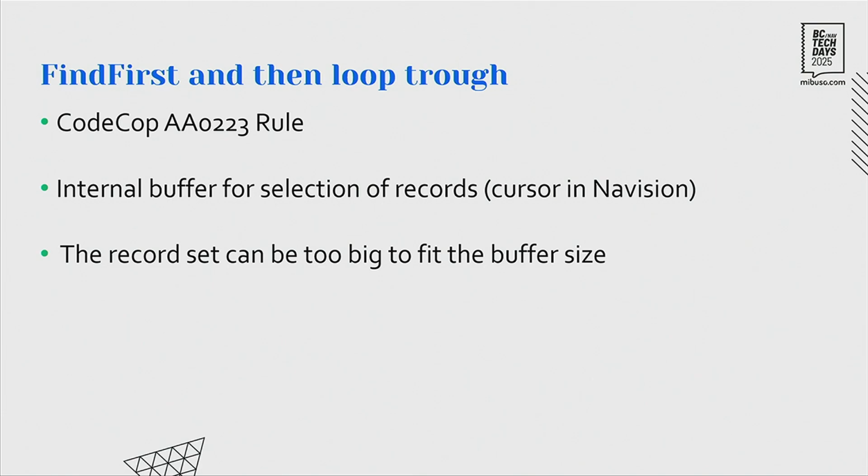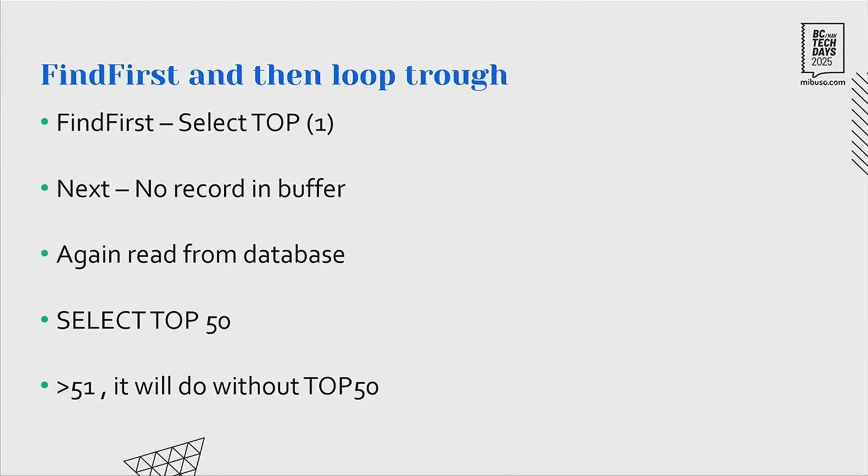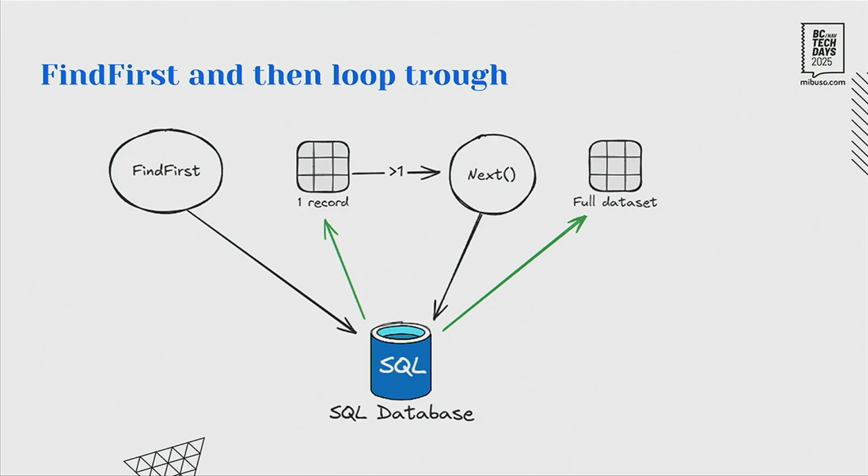In that case, the record set which follows can be too big to fit in the already allocated buffer size. So memory reallocation needs to happen in order for the second query result to be stored. So find first, next: no record in the buffer. We are reading it again from the database and selecting the next data set. So let's check that graphically. You're doing find first.